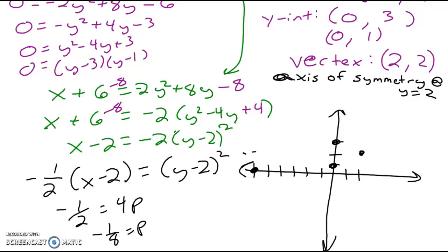We could have put an additional point at -6, 4 because it's symmetric and we reflect it over. I mean, we have enough here to go ahead and graph. And so we could look at this graph.